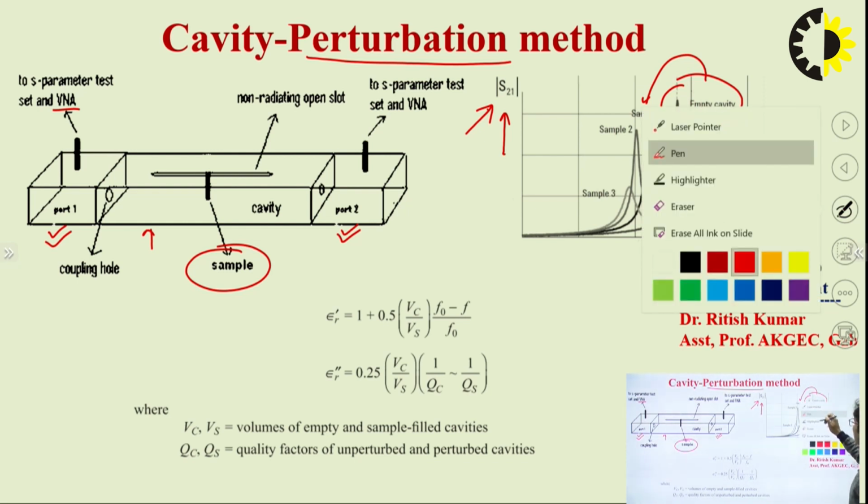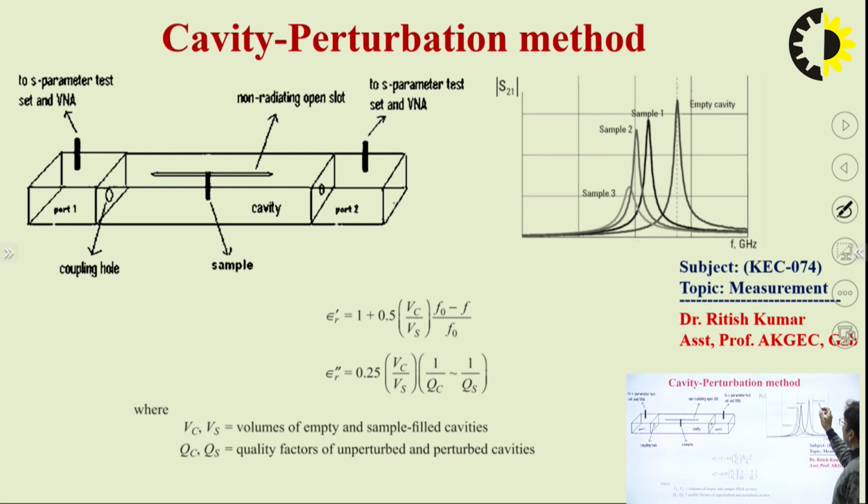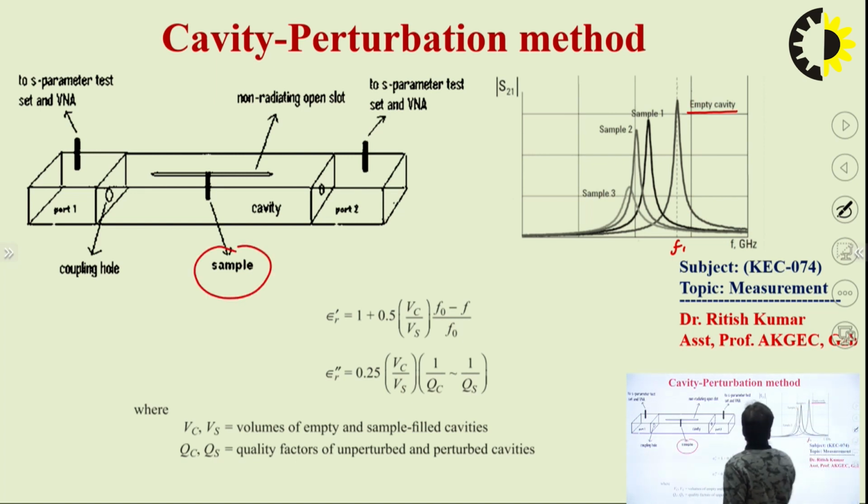Previously, in the empty case, the frequency comes to this point, suppose F1, and after using the sample the frequency shifted towards the lower side and gives the value, suppose F2.